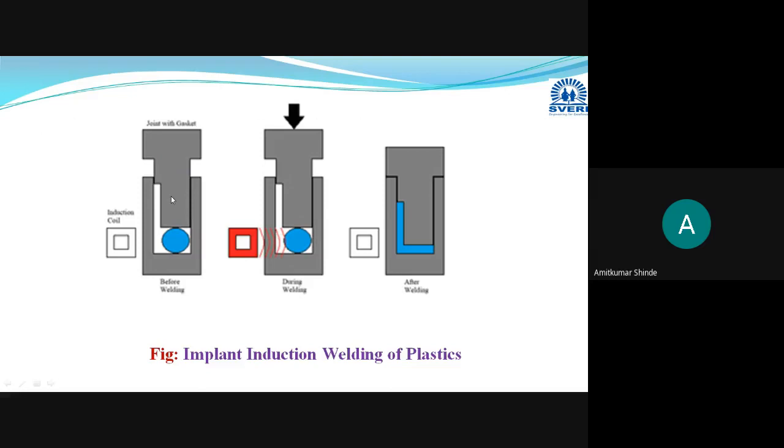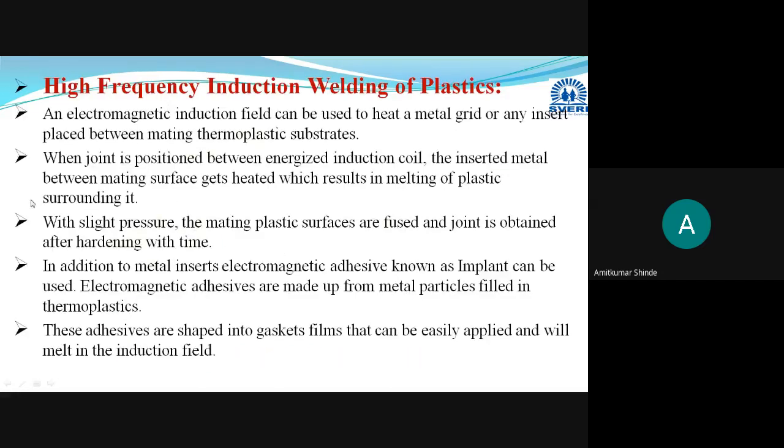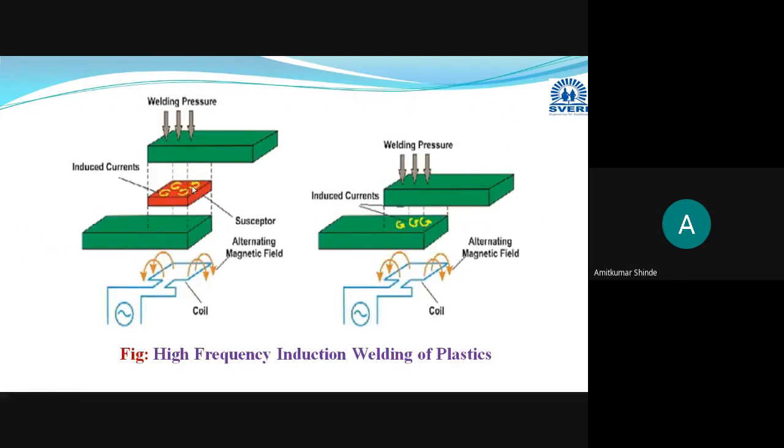And after that, with application of slight pressure, the plastic surfaces will get fused and will join when you provide sufficient cooling time. So this is the basic concept of high frequency induction welding of plastic materials.